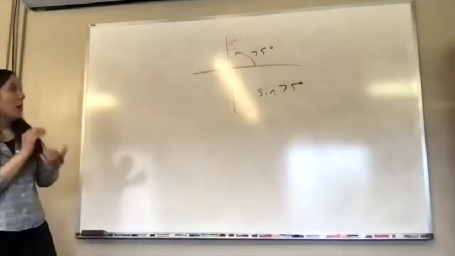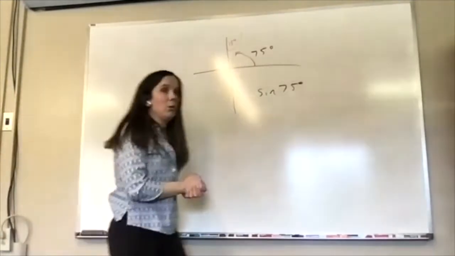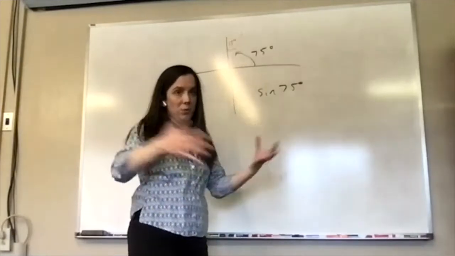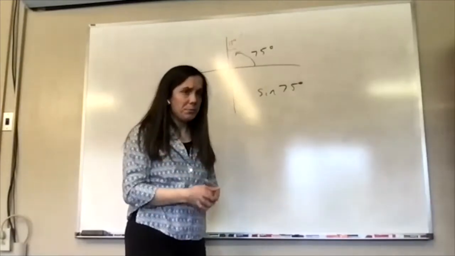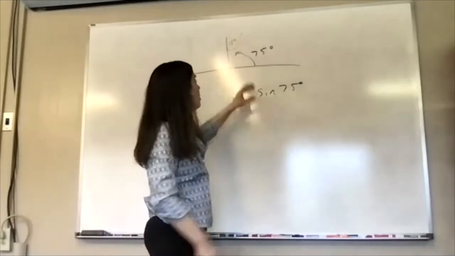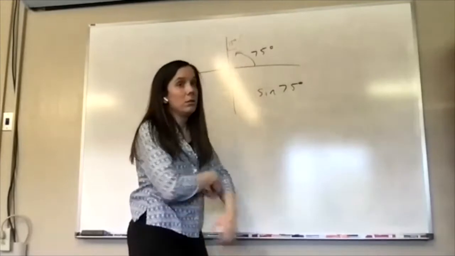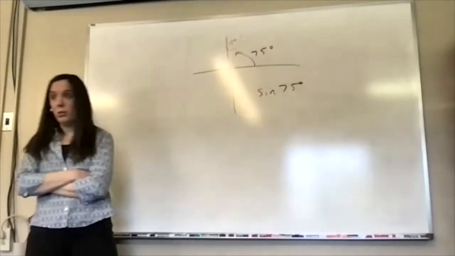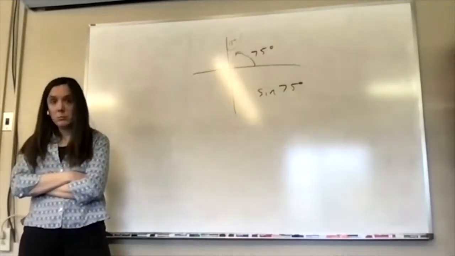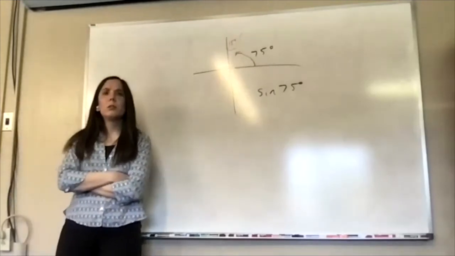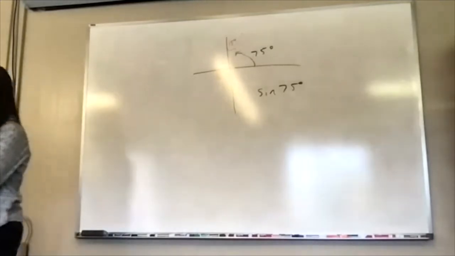Cosine is for the horizontal, right? So you could use cosine of 15 degrees or sine of 75. Either of those will give you the right answer. Does that make sense? So either one would work.